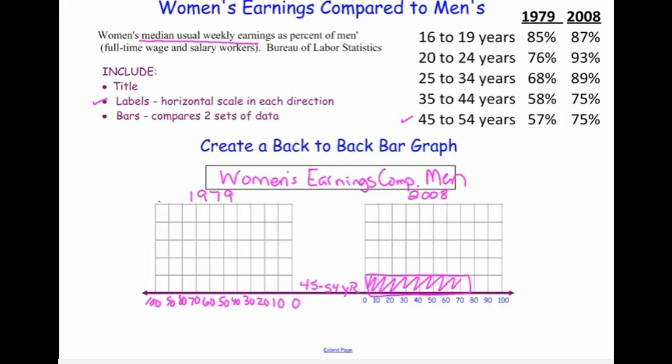And I'll shade in my bar. And in 1979 it was 57%, shading in 57%. Then I could go to the next category, 35 to 44 years, and 75% once again.